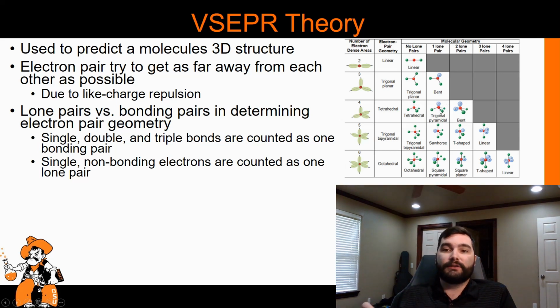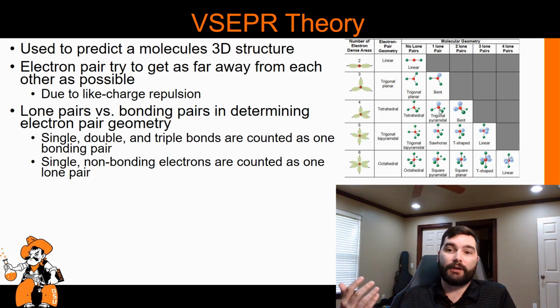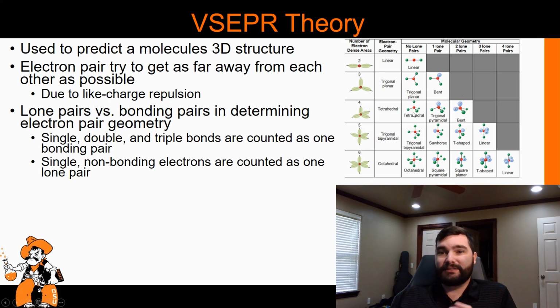This lone pair is still going to be repelling everything else. It's still going to be repelling all of the bonding pairs. So your electronic geometry is still going to be tetrahedral. However, for your molecular geometry, you can't see that lone pair of electrons. All you can see is the fact that your molecule now looks trigonal pyramidal.